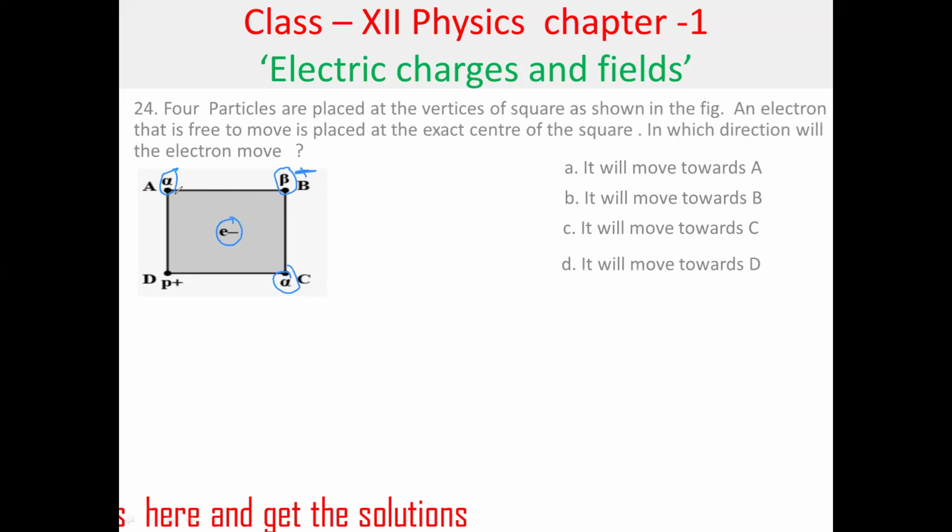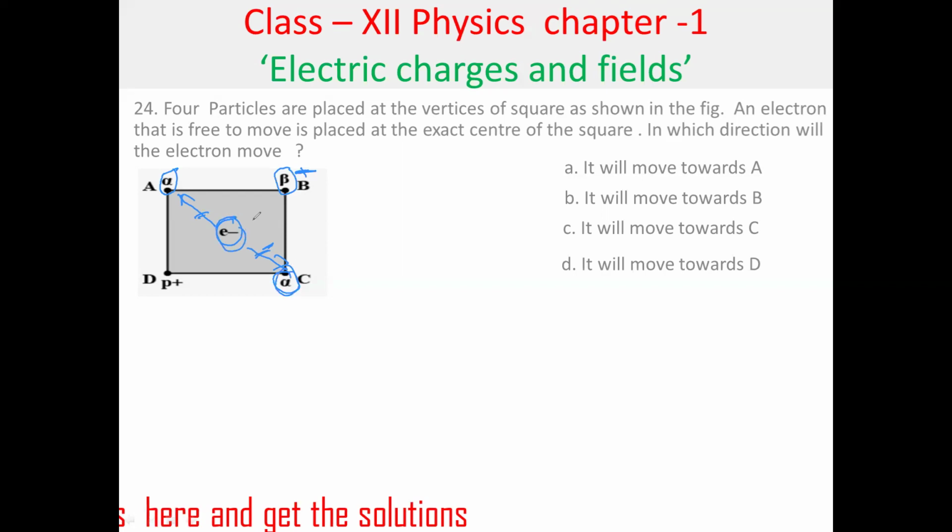it will be attracted by this one and also attracted by that one. These two forces are equal, so they will cancel each other, because this is a negative charge and this is a positive charge.